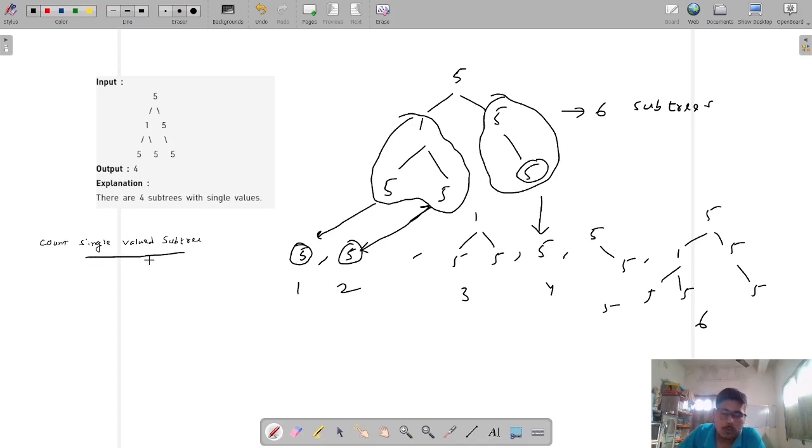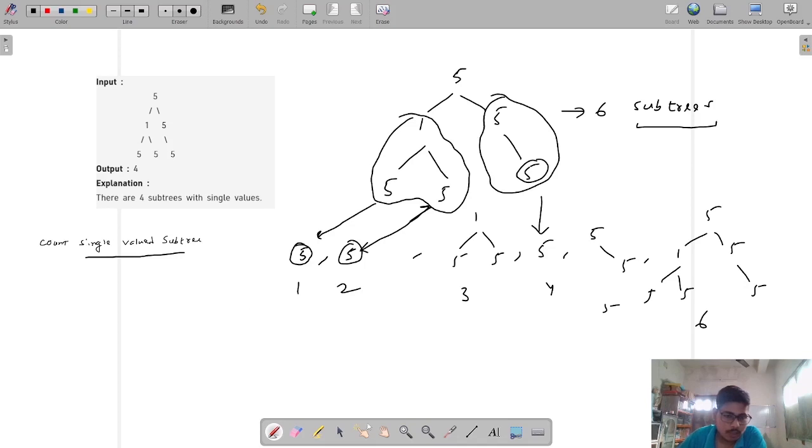So what does that mean, single valued subtree? Listen to my words carefully. A single valued subtree is a subtree, so it must be a subtree, and it has the property that all its nodes are of equal value, right?